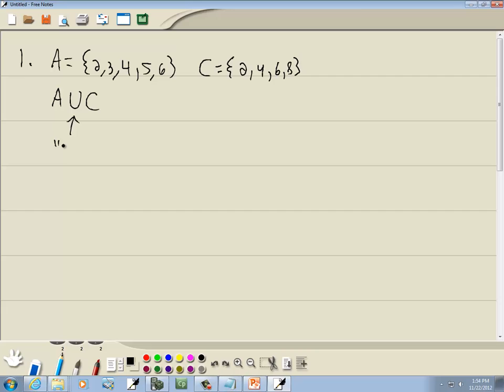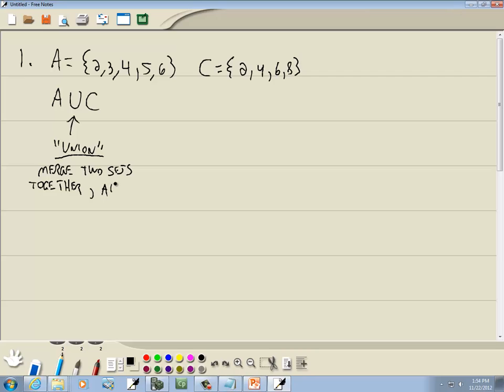This is referred to as the union. And what you do with the union is merge the two sets together. So merge the two sets together.